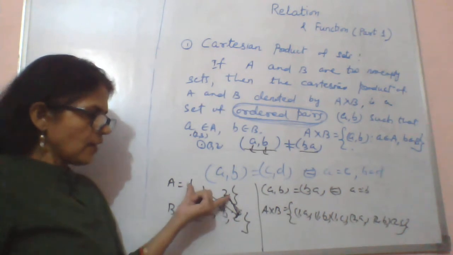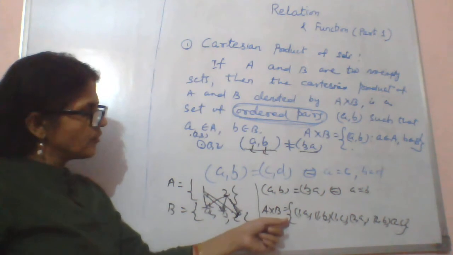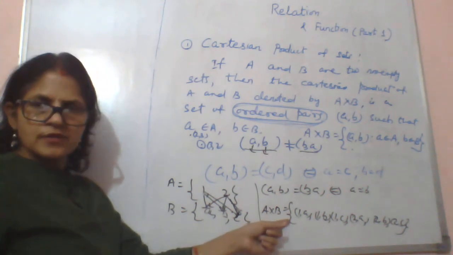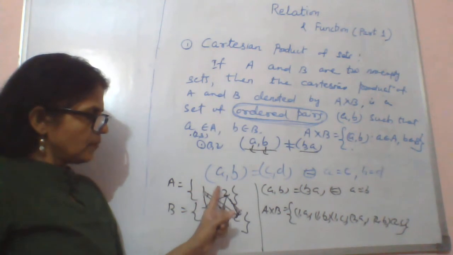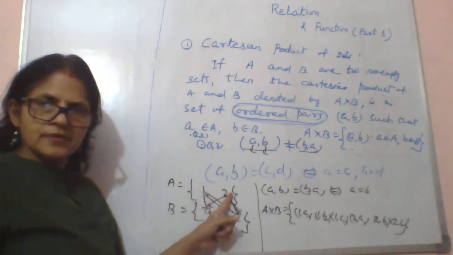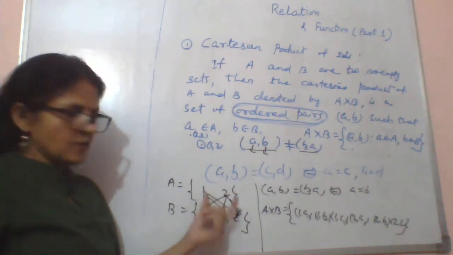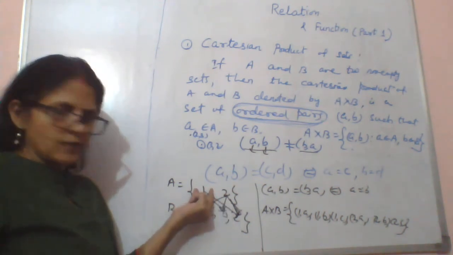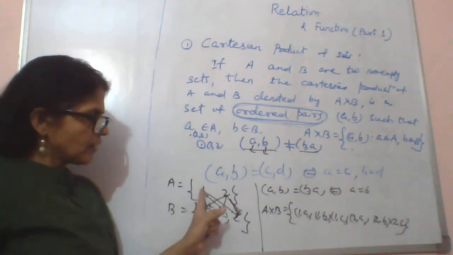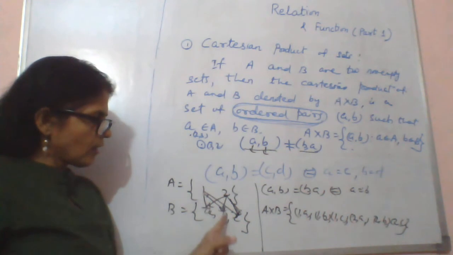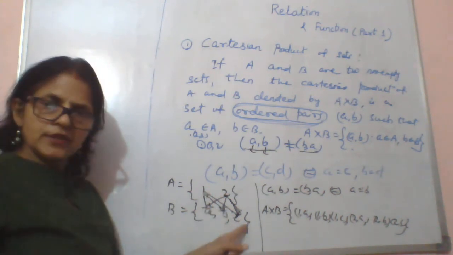So if A has 2 elements and B has 3 elements, we are getting here 6 elements. Similarly, if you take here A contains 3 elements, B contains 3 elements. Again each element of this will be associated with this. So if I write {1, 2, 3}, so (1, a), (1, b), (1, c), (2, a), (2, b), (2, c), (3, a), (3, b), (3, c), like this.